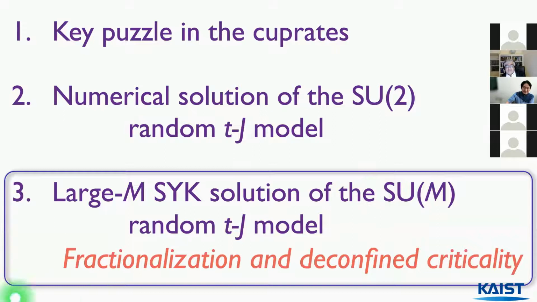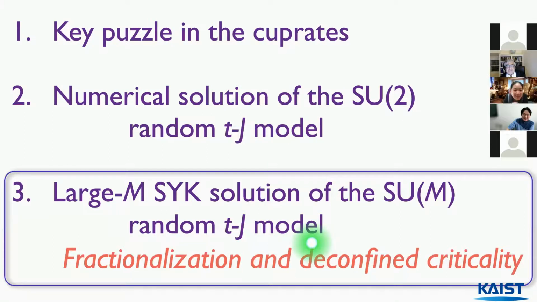And the new feature is fractionalization. So this is what I talked about yesterday. To understand these results, I claim you have to combine two pieces of physics that I've talked about so far. One is the SYK physics, and the other is the physics of fractionalization and deconfinement. You need both to understand this random SU(2) TJ model.